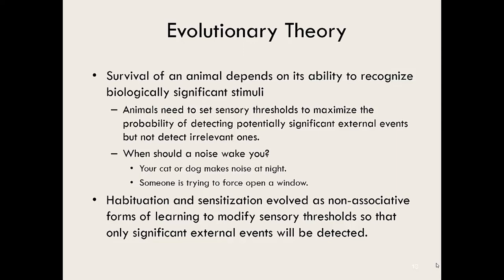On the other hand, if someone is trying to force open a window in your apartment, that is definitely a situation where noise should wake you up, right? So we want to kind of adjust our threshold for detecting these two stimuli a little differently. So my threshold for maybe when a pet noise might wake you could be set really high. Why? Because it happens often. It doesn't mean anything.